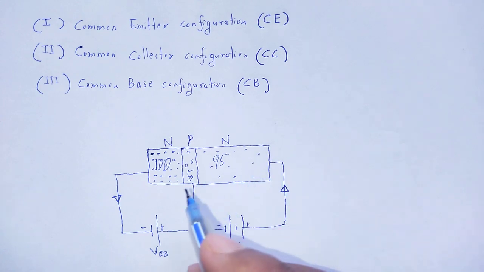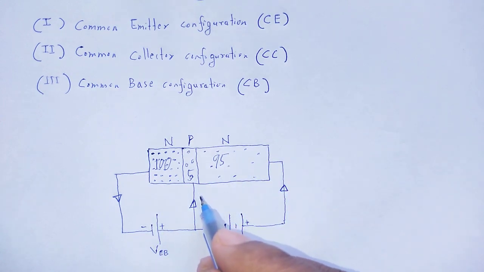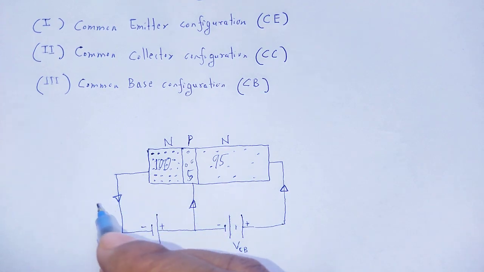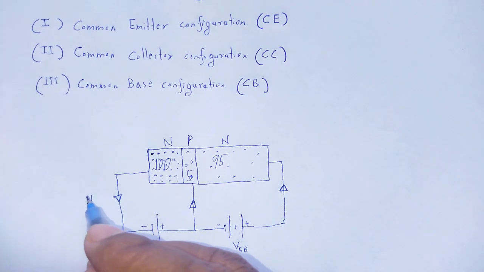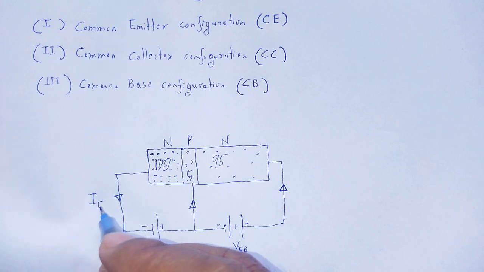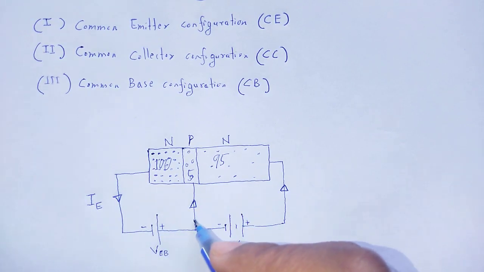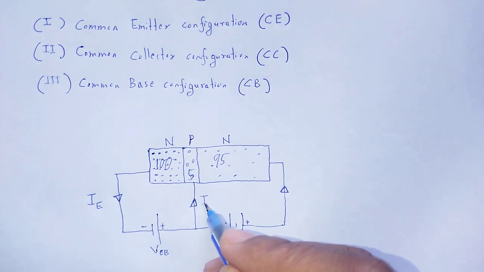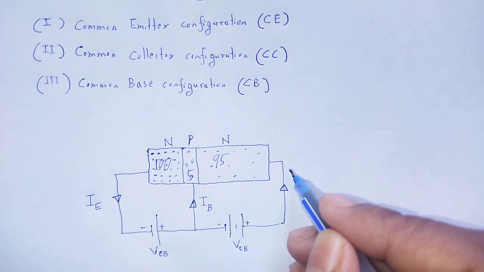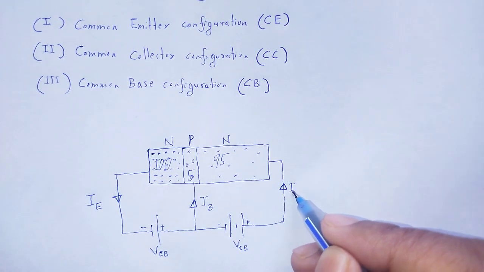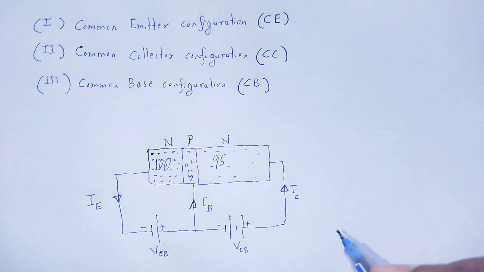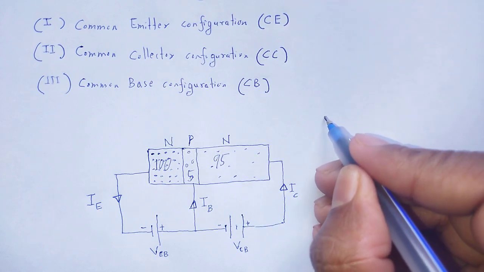So here, that current is known as emitter current, that current is known as base current, and that current as collector current.